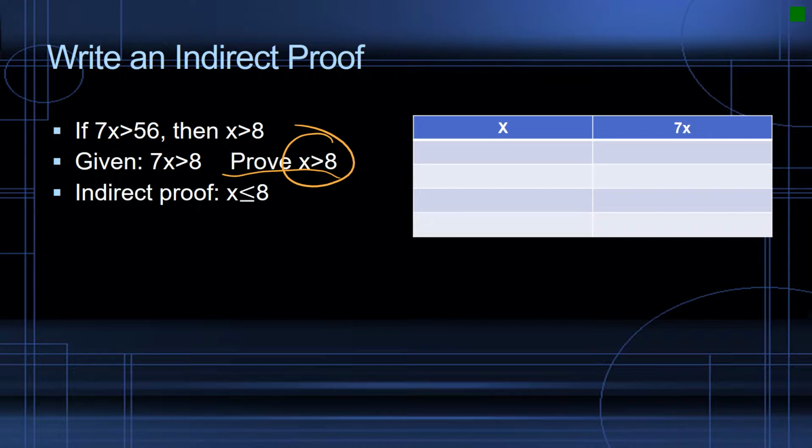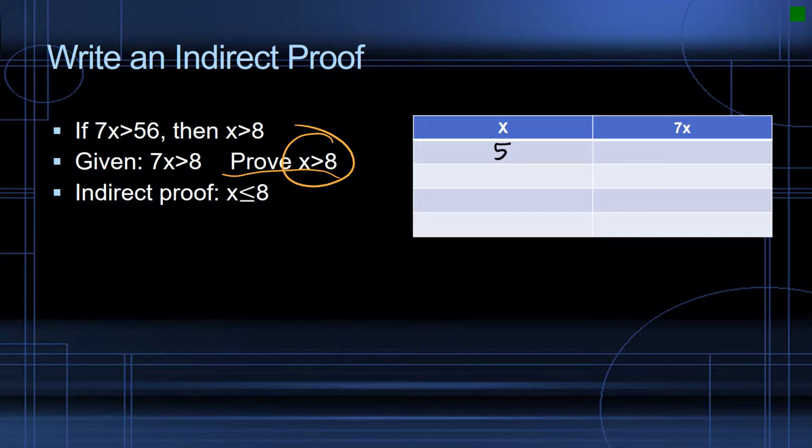Now, since we're doing this algebraically, we're going to put together a table of values and see what we come up with. So let's say that when x is 5, now that is less than or equal to 8, right? 5 is less than 8. We're working on this indirect proof.